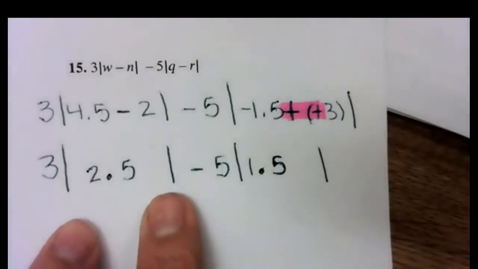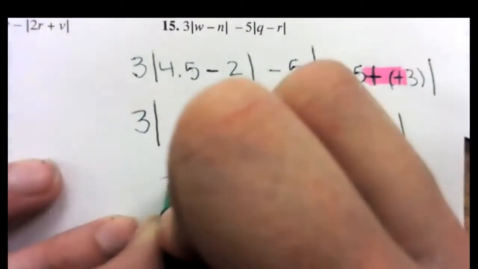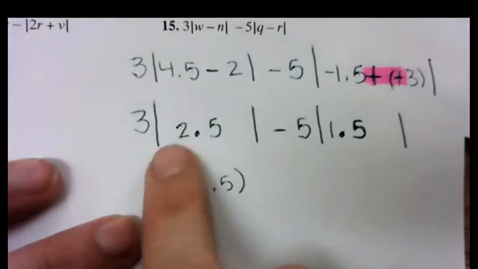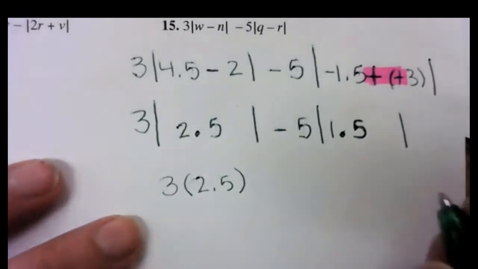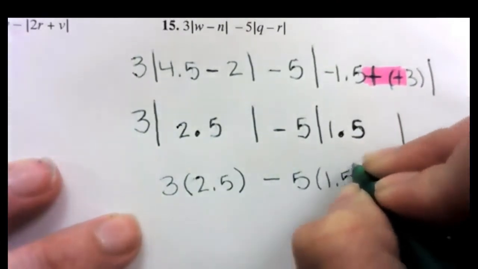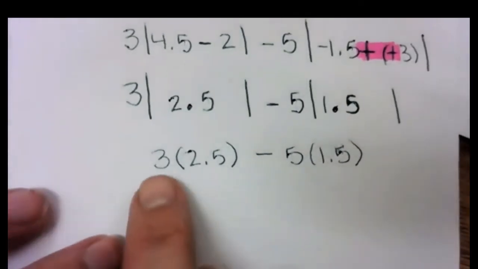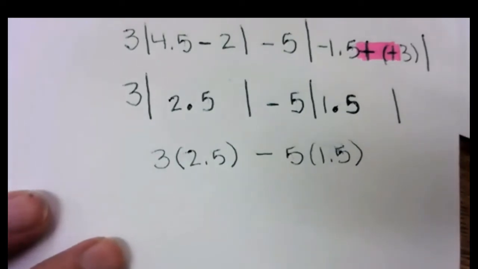Now, the absolute value of 2.5 is 2.5. So this becomes 3 times 2.5. So the absolute values become parentheses or multiplication. Minus 5. Now, order of operations says we multiply. So 3 times 2.5, go ahead. 7.5.